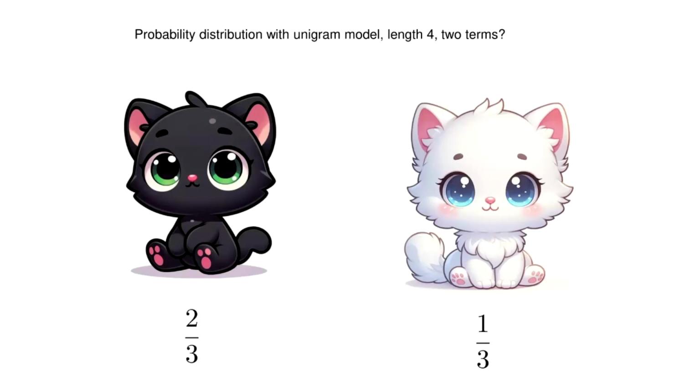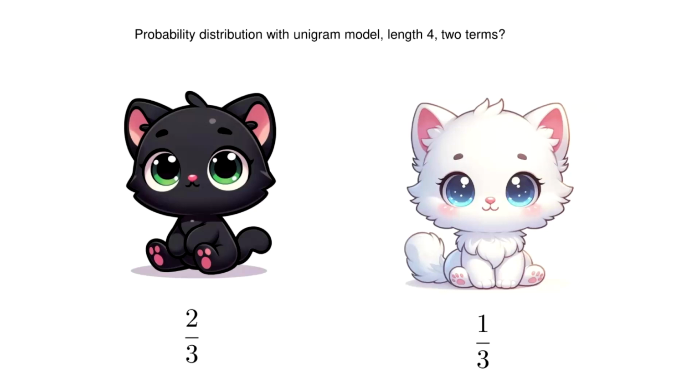Maybe I can ask a simpler question. What's the probability of generating, let's say, 3 black cats? Yes? Yes, so that would be the numerator and the denominator. So you're very close. So this is indeed about the power of 3. It would be 2/3 to the power of 3, right?